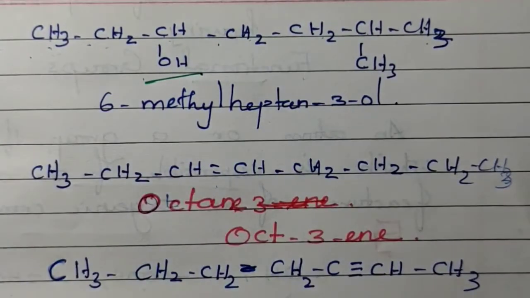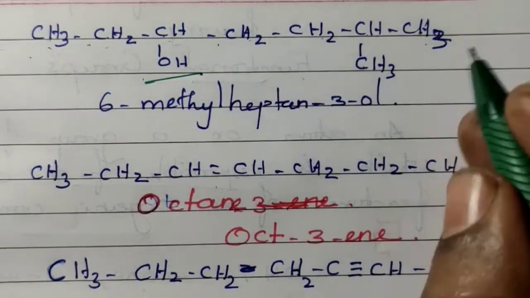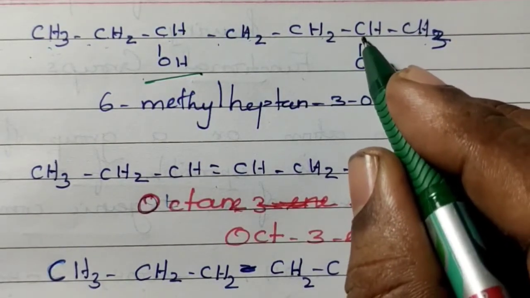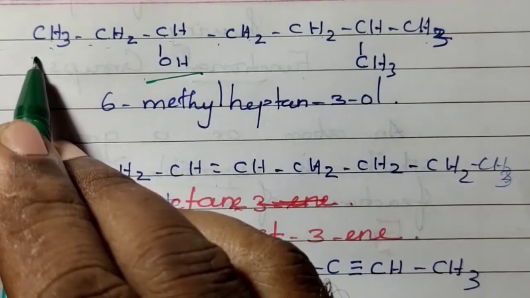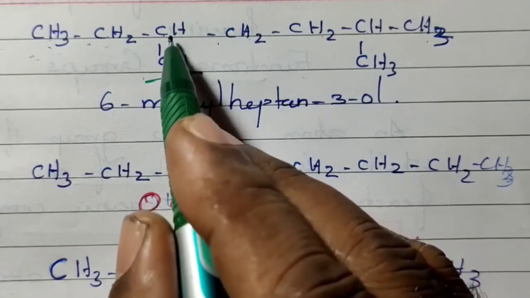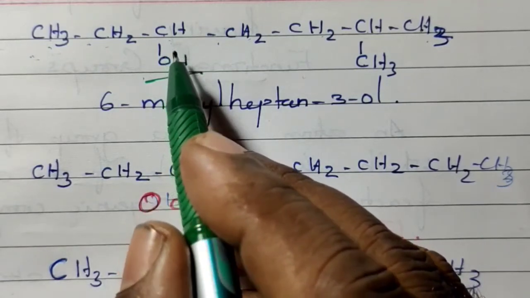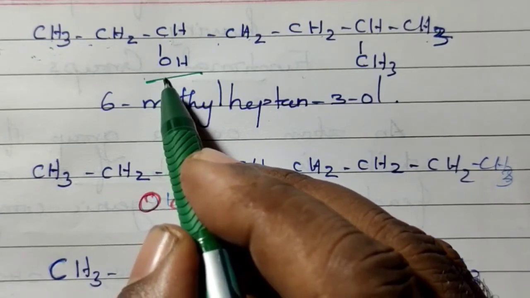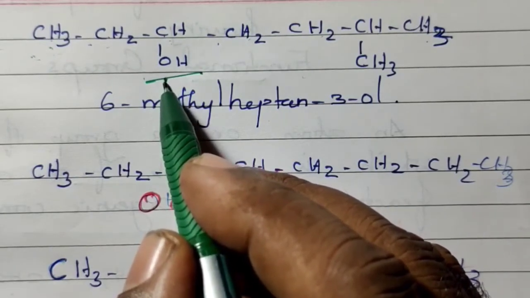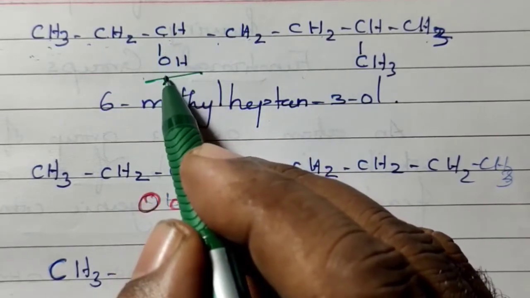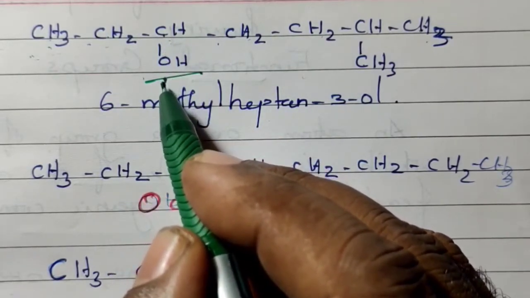Now we have to give numbers. From which side will we go? If you give numbers from this side, the substituted carbon gets the least number, 2. If we give numbers from the other side, 1, 2, 3, the substituted carbon gets 3. But this OH group is the functional group, not a substituent. So the carbon which carries the OH group should get the least number.